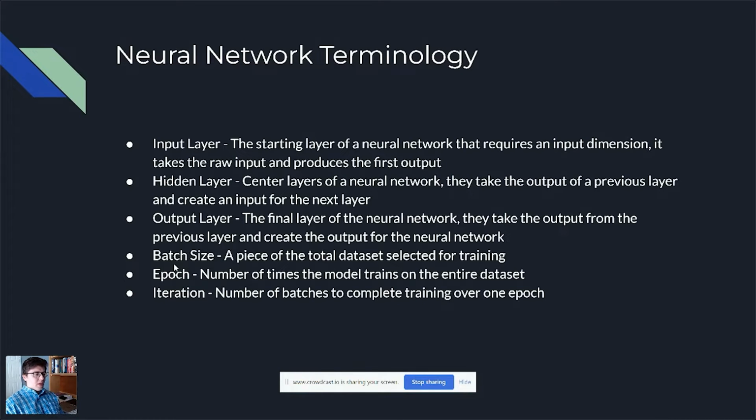Each part of your data is called a batch. An iteration is the number of batches you need to go over your entire data set, and an epoch is the number of times you train over that data set in its entirety. Because typically, with a lot of neural networks, they don't go over the data set only once. You want to continue to do it sometimes tens, hundreds, sometimes thousands of times, but you also want to be careful of overtraining.